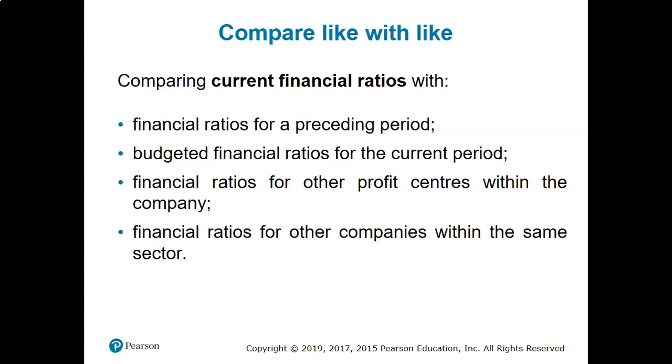So a group of company has, say, 4 or 5 or even more subsidiaries working under one group, and then we can compare the ratios of these subsidiaries to evaluate which subsidiary is doing better and which one is not, and what are the reasons.